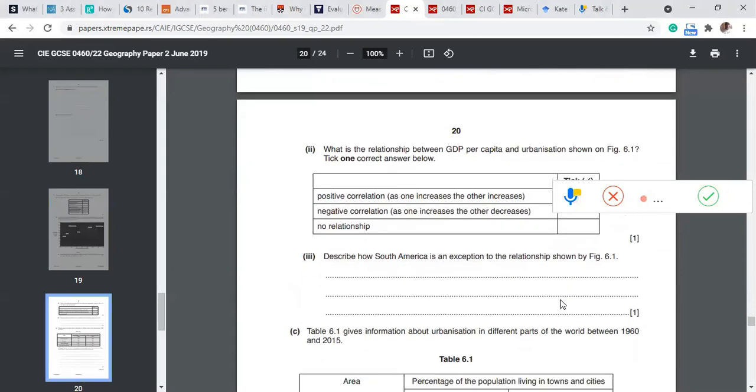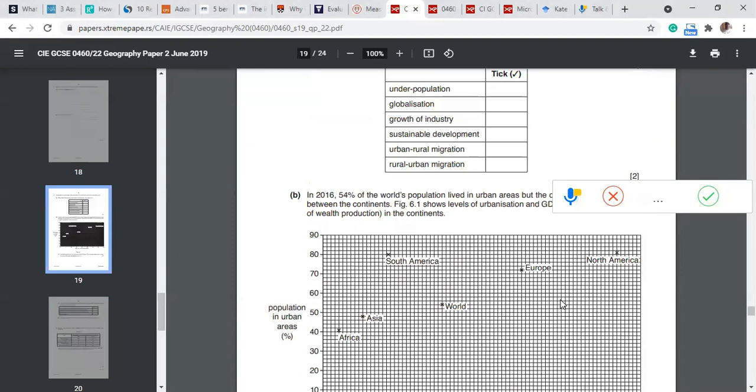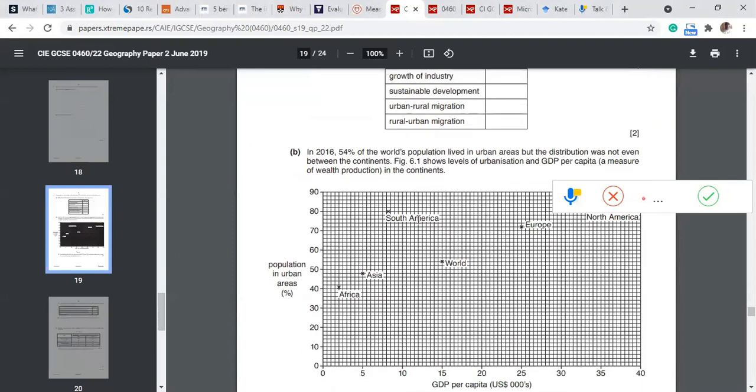Describe how South America is an exception to the relationship shown in figure 6.1. Let's go back and see. Yes, you can see that it's out of your line of best fit. My line of best fit goes like this. Let me draw it again. Any point that is off your line of best fit is most likely an exception. So look at where it is. It's far from your line of best fit.